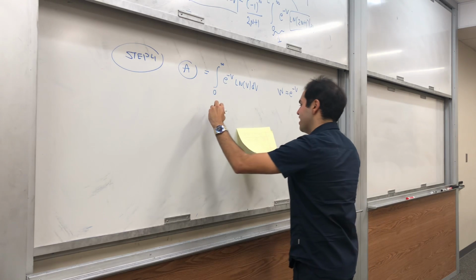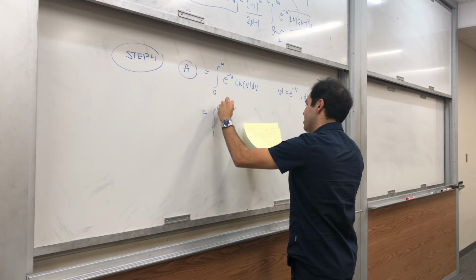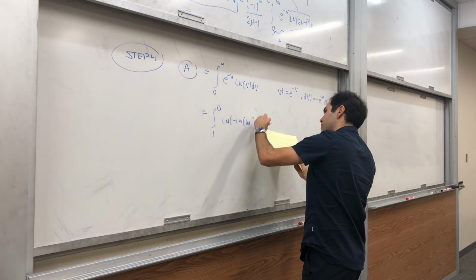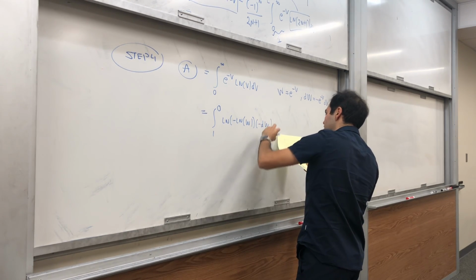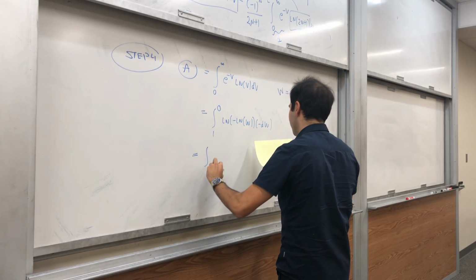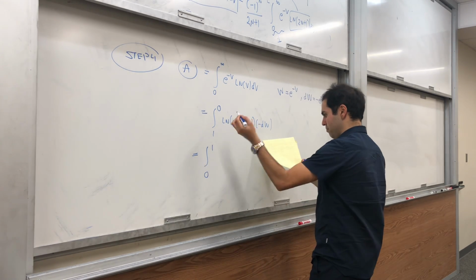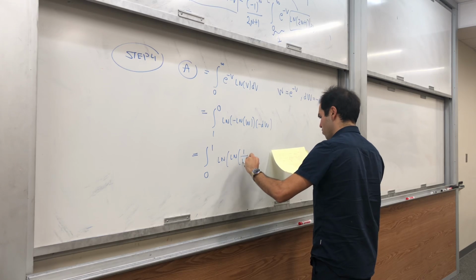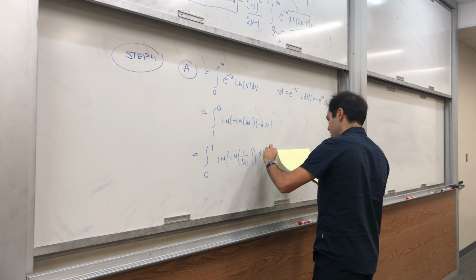So we get in the end integral from 1 to 0 of ln of minus ln of w times minus dw, and that's just equal to the integral from 0 to 1 of ln of 1 over w dw.